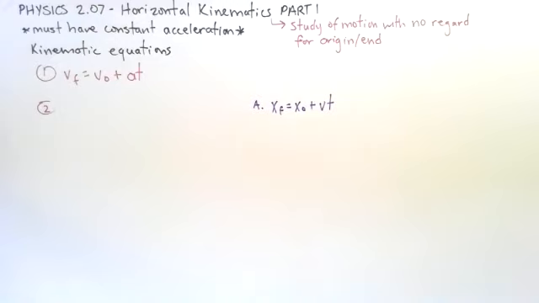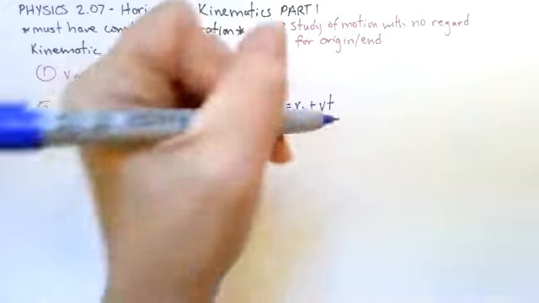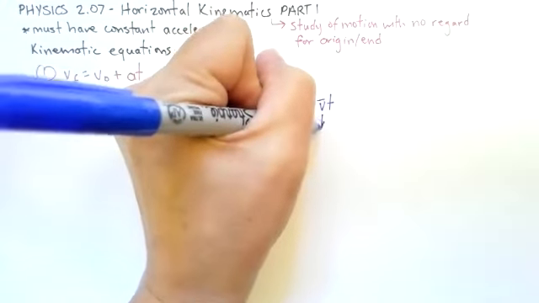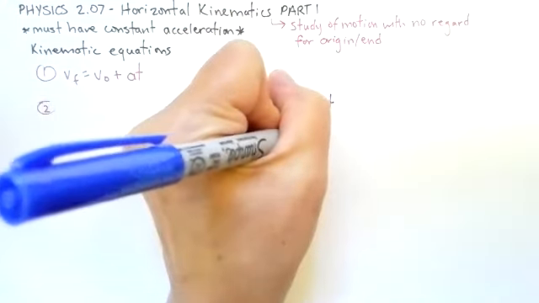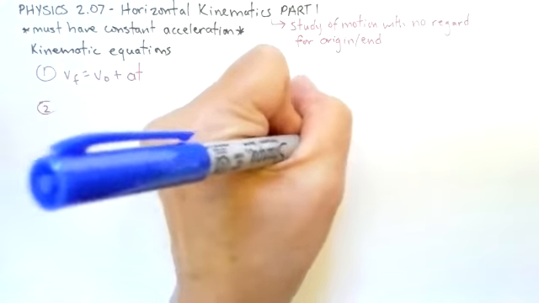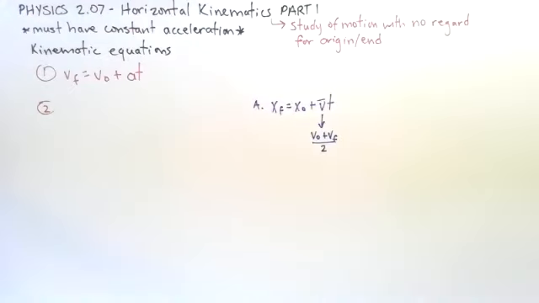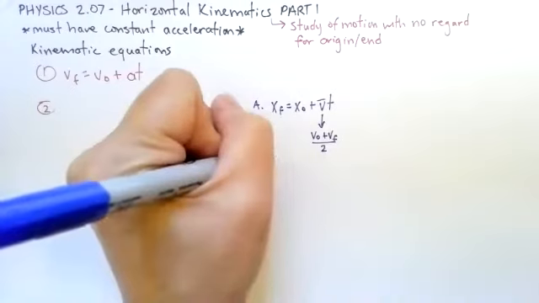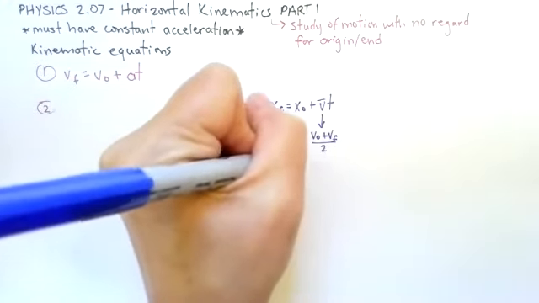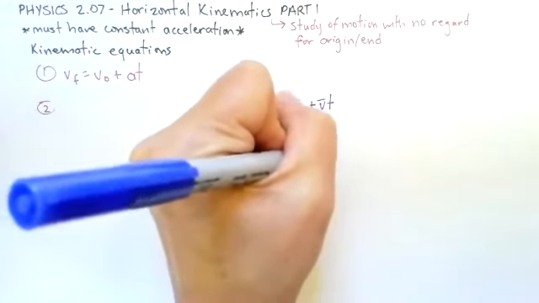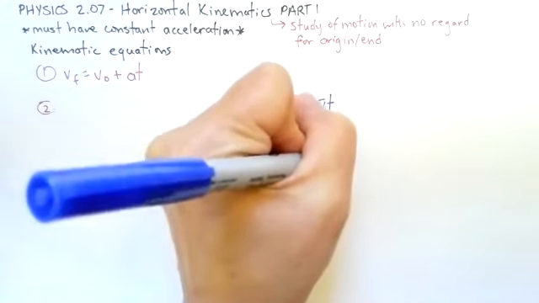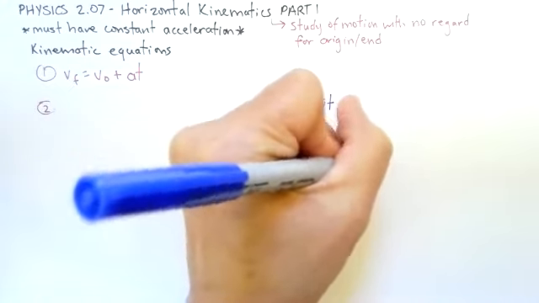I have to tweak this for you a little bit. It turns out that this is average velocity, and to find average velocity, we take v sub o plus v sub f and divide that by 2. So I'm going to rewrite this equation as x sub f equals x sub o plus 1/2 (v sub o plus v sub f) t, because I like nice, neat lines.